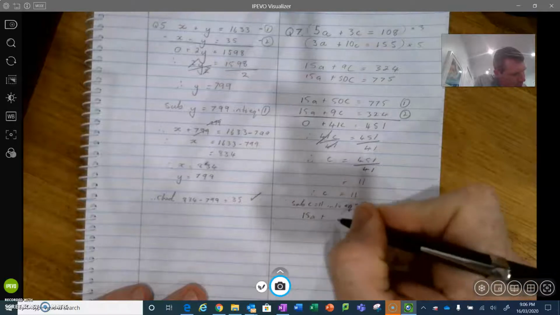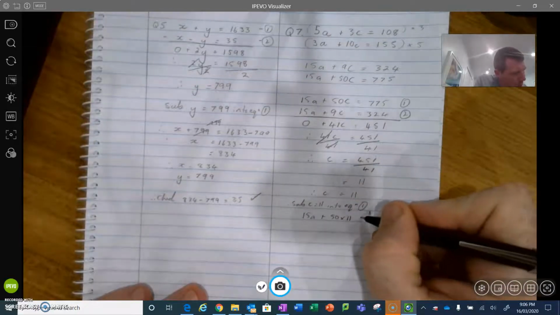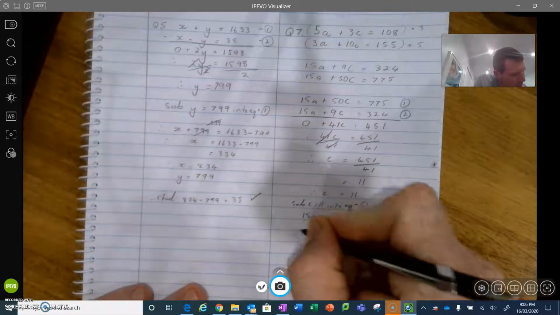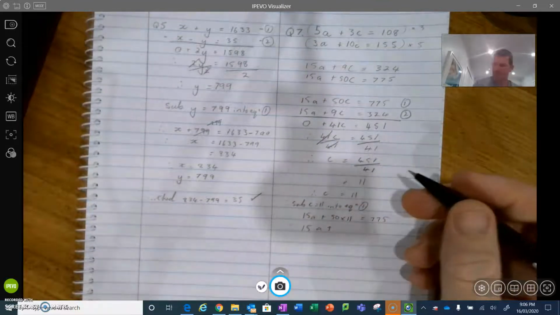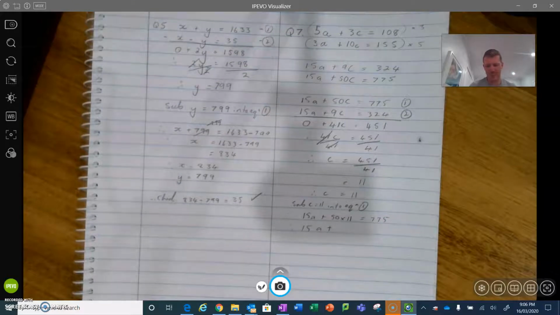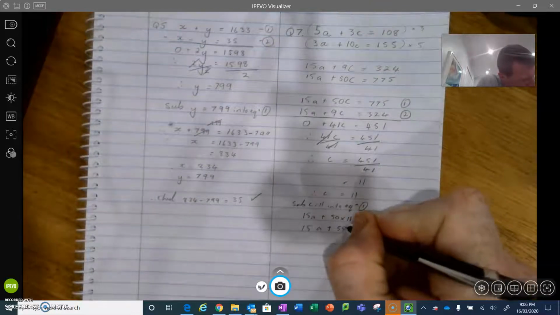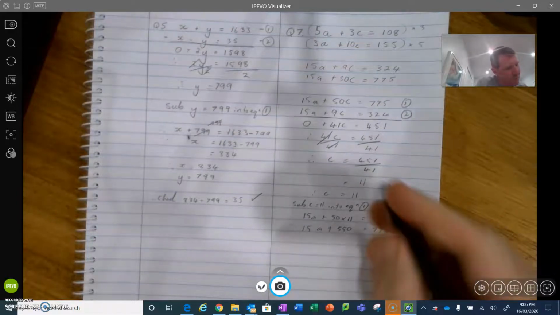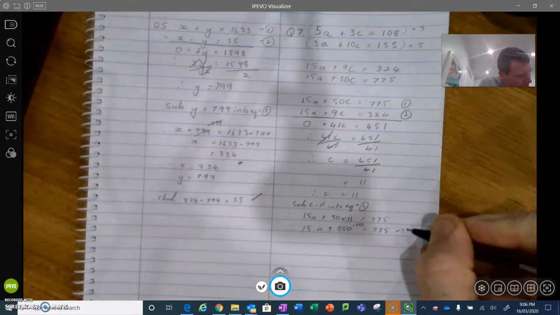Therefore, 15a plus 50 times 11 equals 775. Therefore, 15a plus 550 equals 775. The last thing I did was plus 550, so I'm going to take that away from both sides.